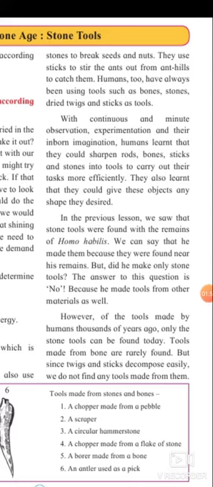With continuous and minute observation, experimentation, and their inborn imagination, humans learned that they could sharpen rods, bones, sticks, and stones into tools to carry out their task more efficiently. They also learned that they could give these objects any shape they desired.